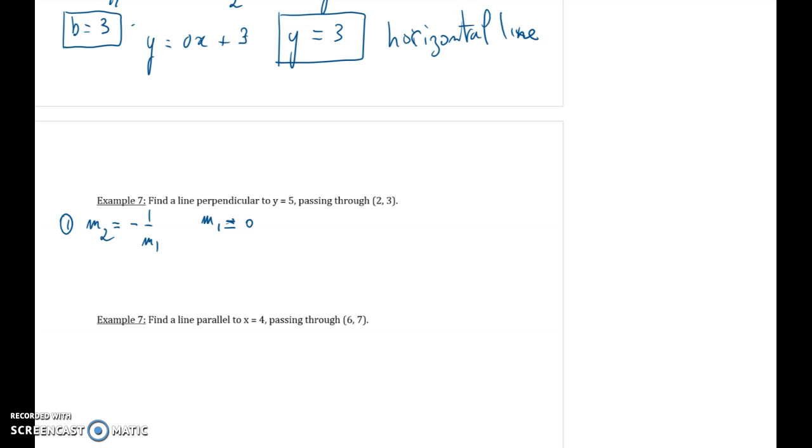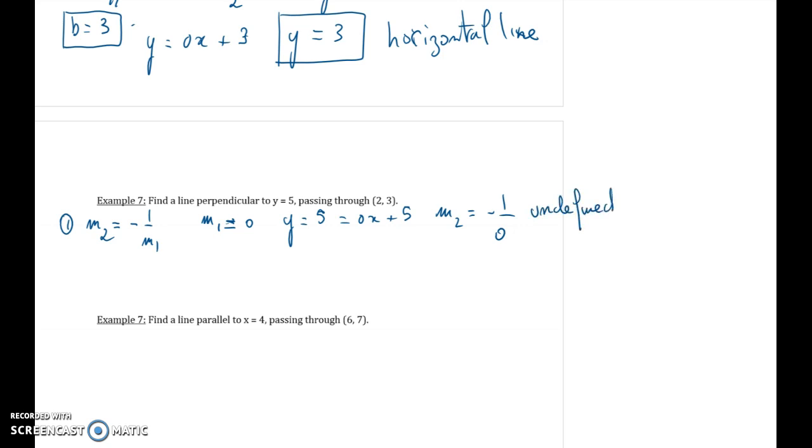Because I got y equals 5, which is 0x plus 5. When I do that, I end up with m2 equals minus 1 over 0, which is undefined.